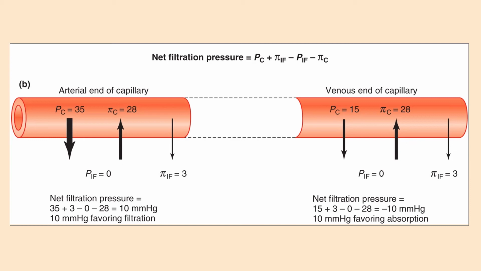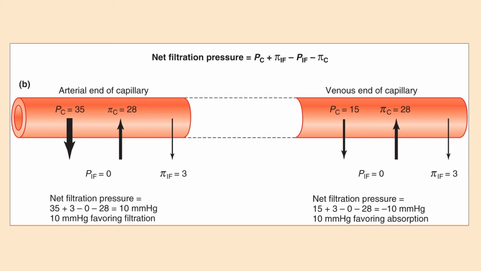It's so low that in this example it's 0. That's the pressure with which the interstitial fluid pushes against the exterior of the capillary wall. To the right, we see the osmotic pressure inside the capillary. That's the pressure generated by the proteins that are part of blood, and that's 28 millimeters of mercury.